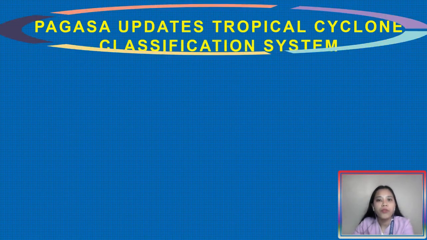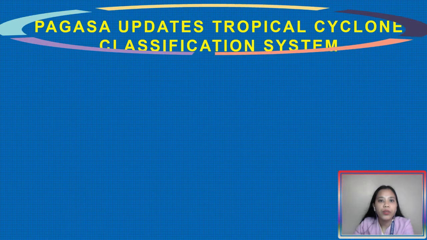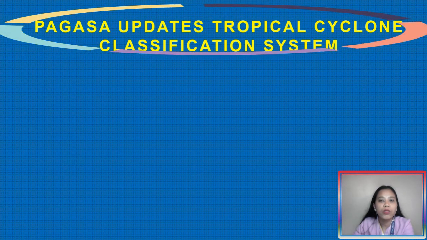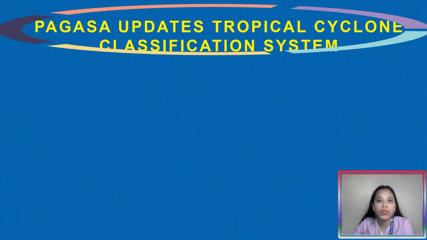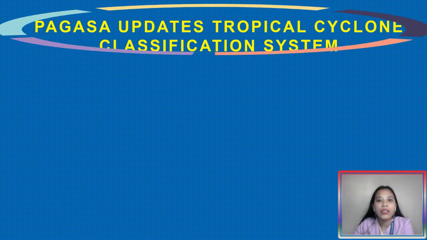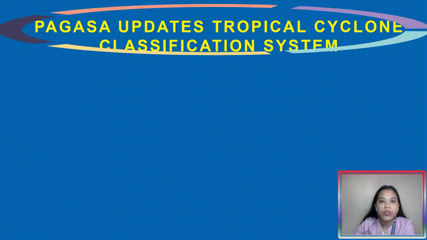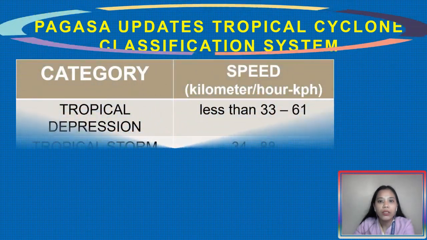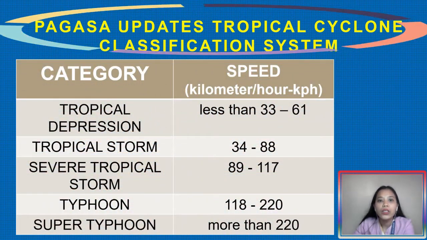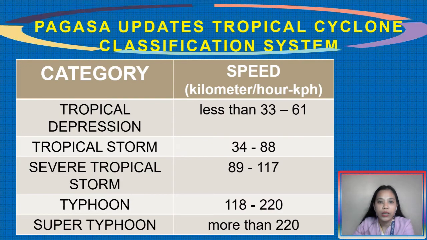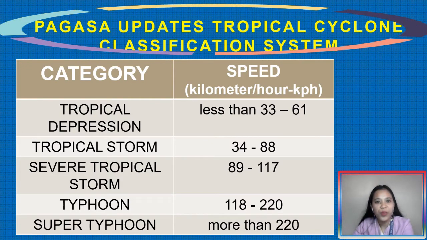Before we proceed further, let us try to recall the previous topic on how typhoons develop over the Pacific Ocean and the different classifications of tropical cyclone according to the strength of the winds as adopted by PAGASA DOST 2020. So are you ready?